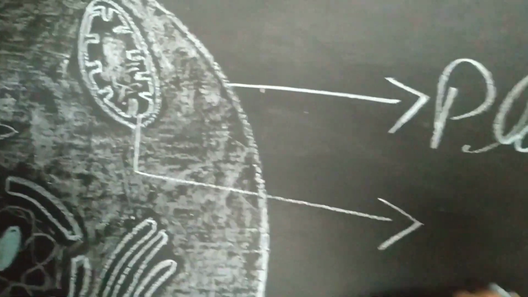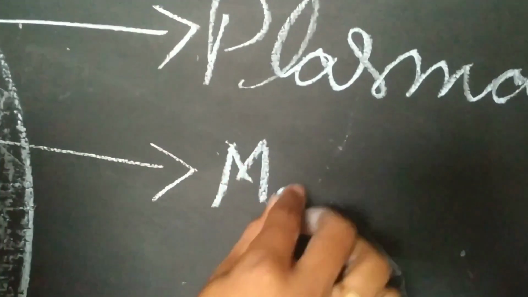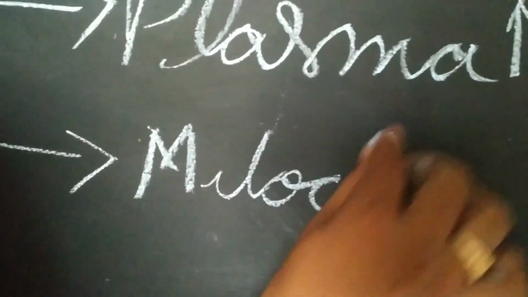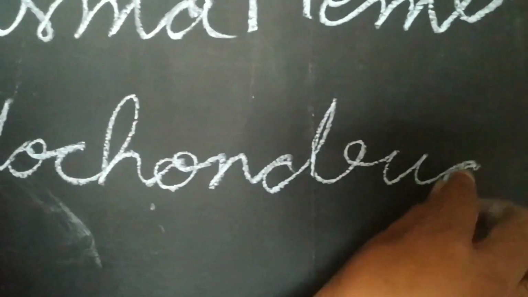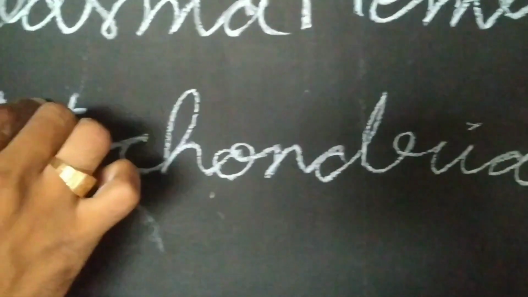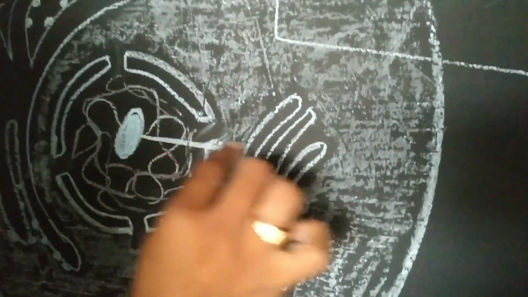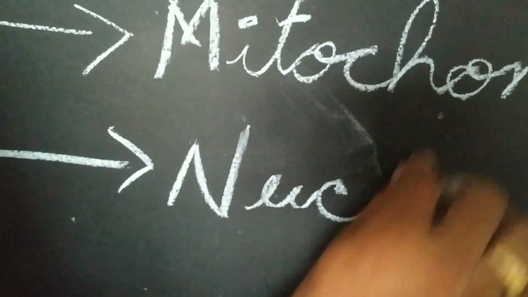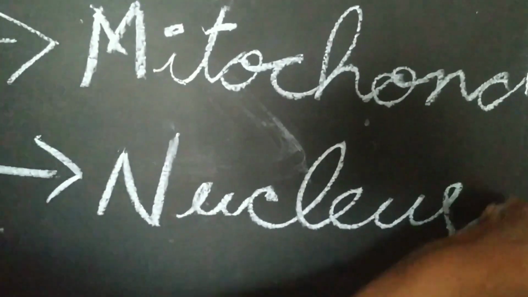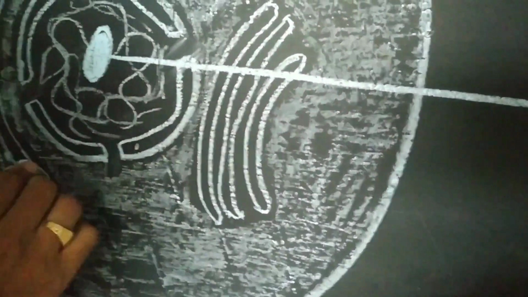The next one is mitochondria. Next one is nucleus. Next one is endoplasmic reticulum.